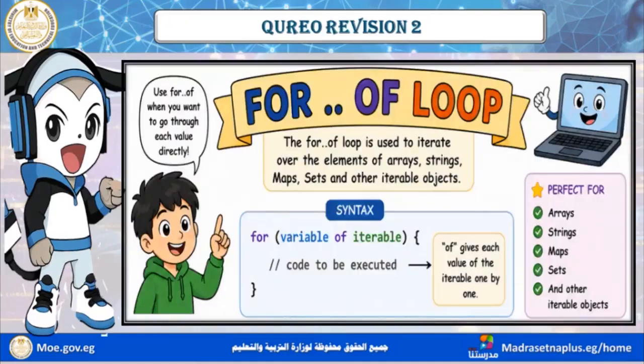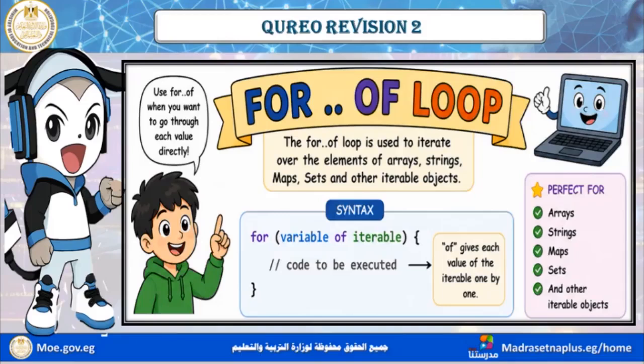Now moving to for of loop. The for of loop is used to iterate over the elements of arrays, strings, maps, sets, and other iterable objects. So for of loop is needed when we have iterable objects such as arrays, maybe strings, maybe maps, maybe sets, and other iterable objects.